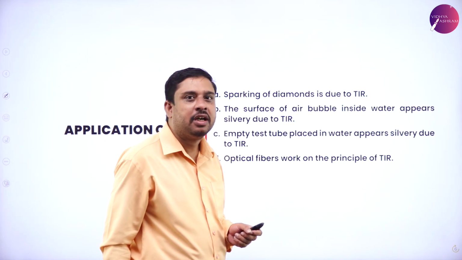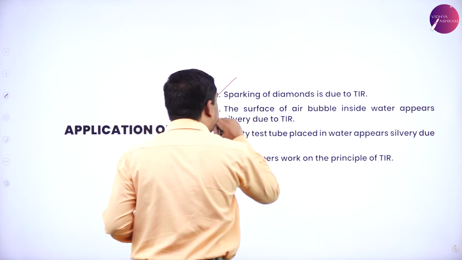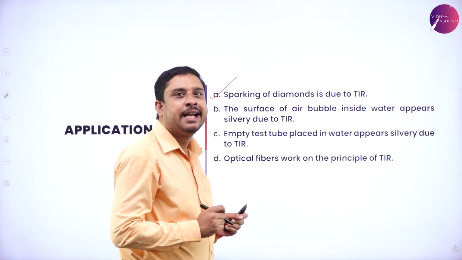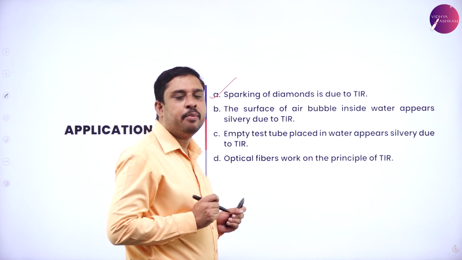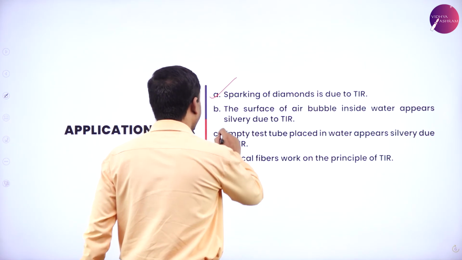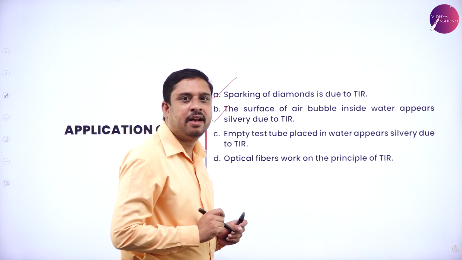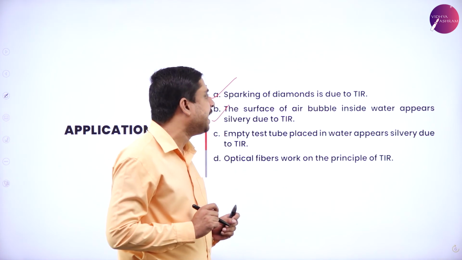Applications of TIR. Sparkling of diamonds is due to total internal reflection. A diamond sparkles because of TIR. Surface of an air bubble inside water appears silvery due to TIR.